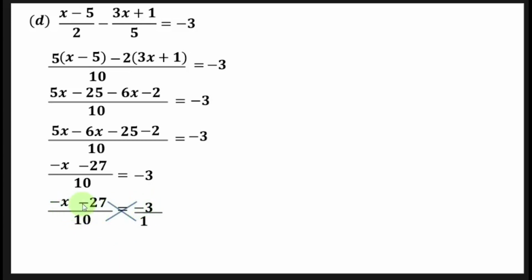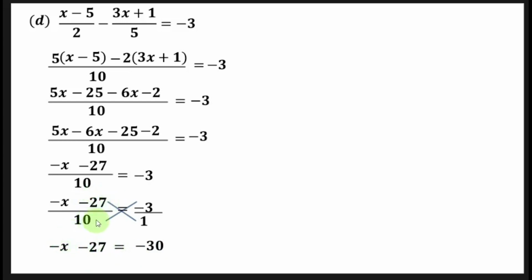So you say negative x minus 27 times 1. You have the same negative x minus 27 equals 10 times negative 3, sorry, you have negative 30.